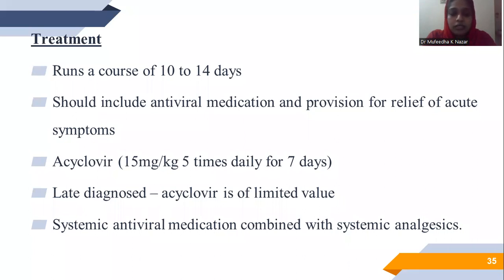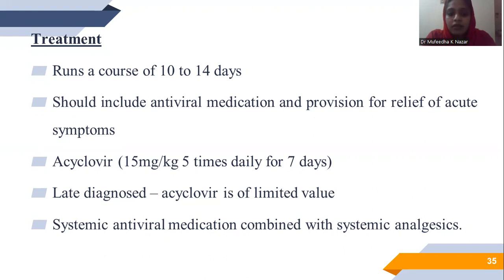If the infection is diagnosed within 3 days, acyclovir can be given at a dosage of 15 milligram per kg 5 times daily for 7 days. If the infection is diagnosed late, acyclovir is of limited value.